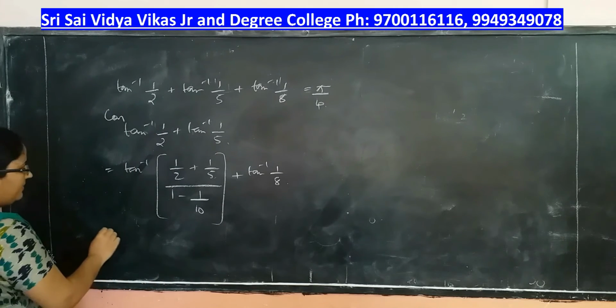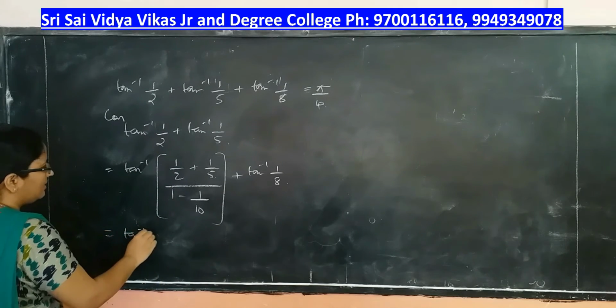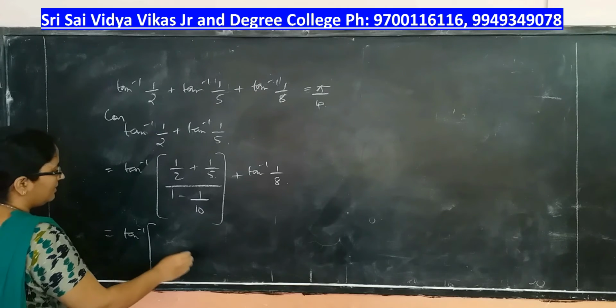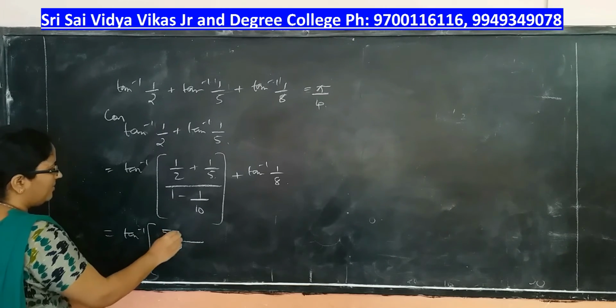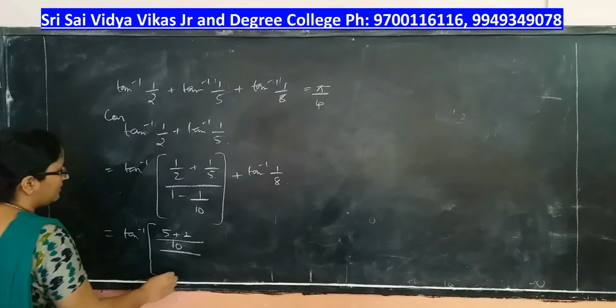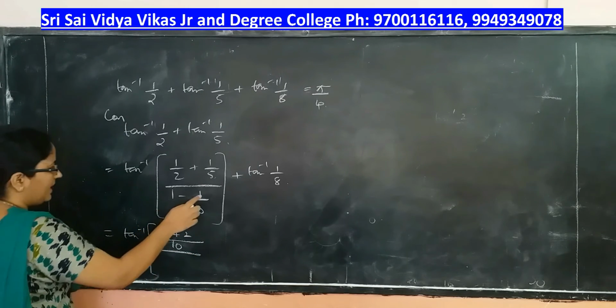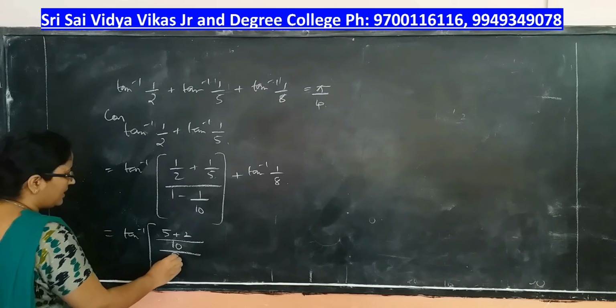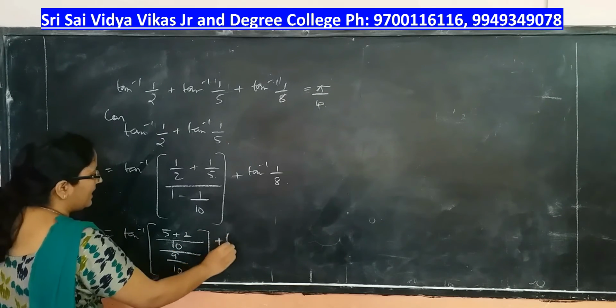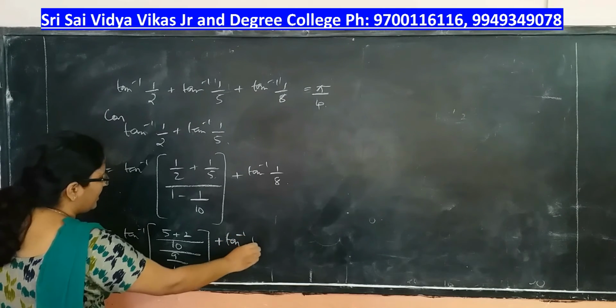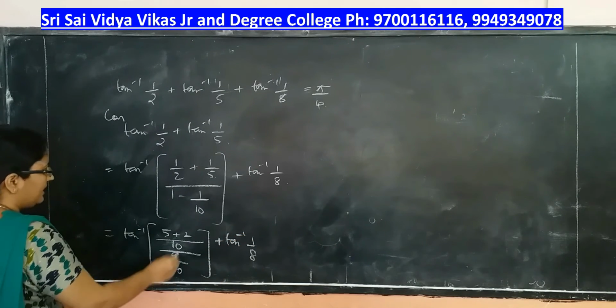So this is tan inverse. 2 fives are 10. You get (5 plus 2) by 10, and 10 minus 1 by 10, that is 9 by 10, plus tan inverse 1 by 8. So 10 gets cancelled.